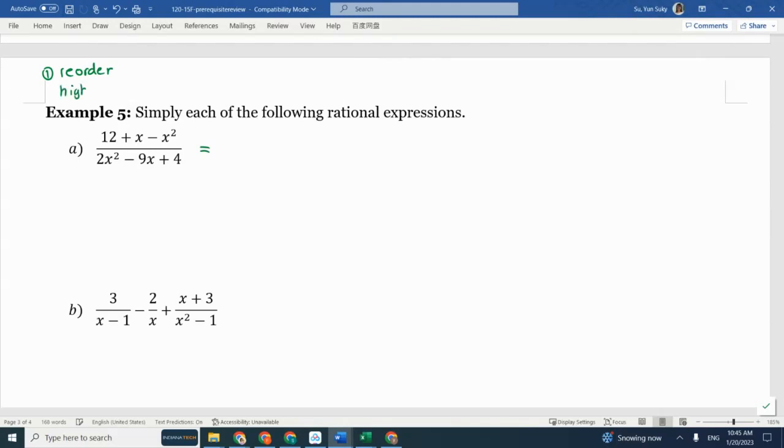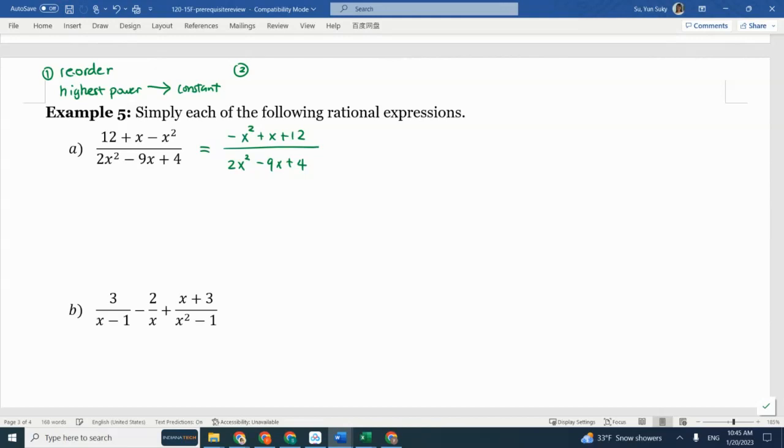So you get the highest power and then go down to the constant term. So in your numerator, reorder it. Do you see we get negative x squared plus x plus 12? Denominator is already in a good order, so we just keep it. Yeah, everybody? So that's the first step, reorder it.